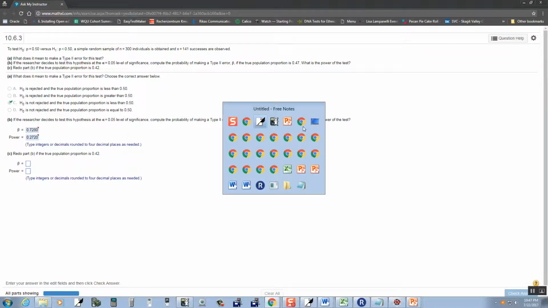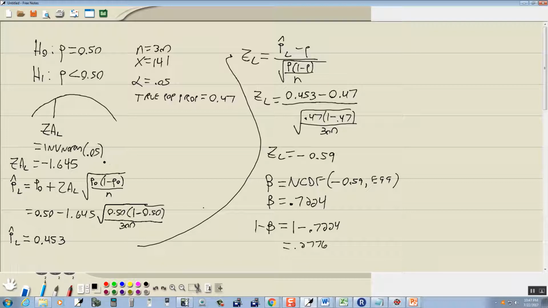True population is 0.47. Well, let me go through the steps again.